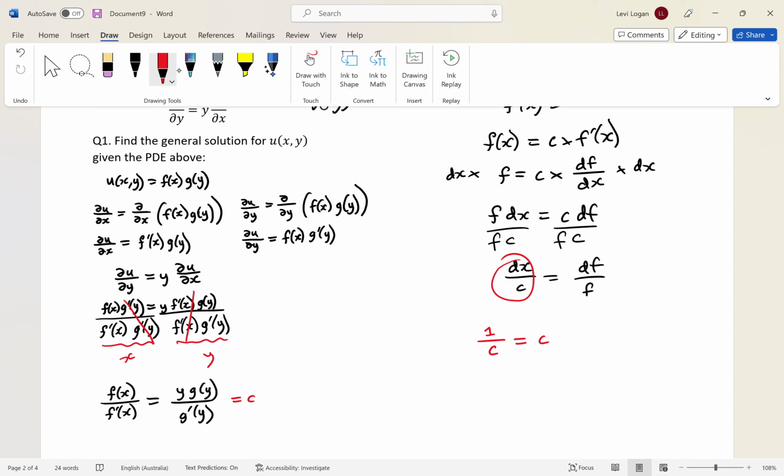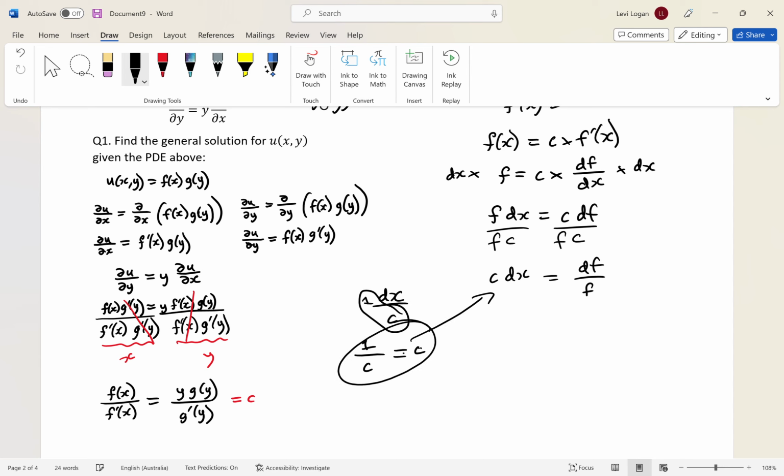Okay? So applying this knowledge here, we can change how the left-hand side looks. Instead of having dx over c, we can rewrite it as just c times dx. We originally had dx over c here, but 1 over c, because there's a 1 here, is just another constant. So applying this, we can make it look like that, just to make it simpler when we integrate, okay?